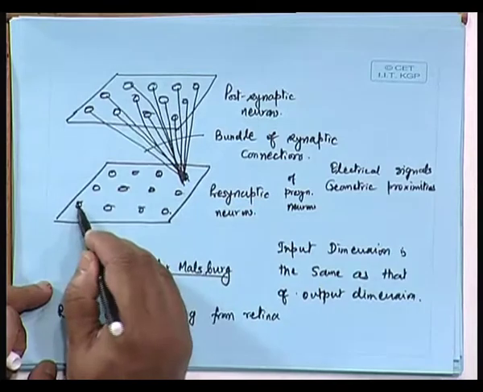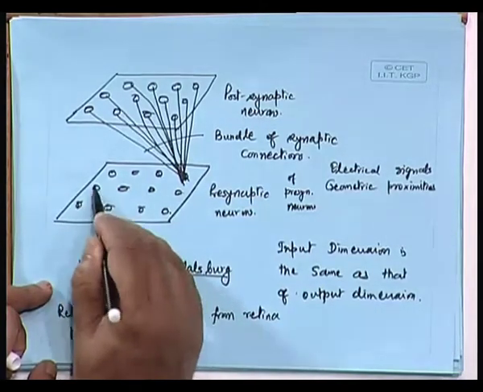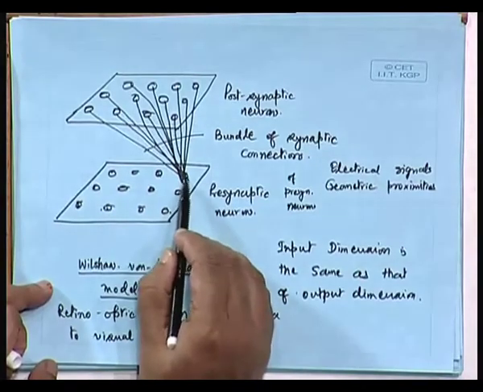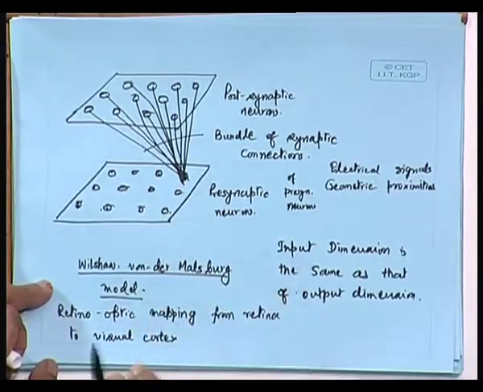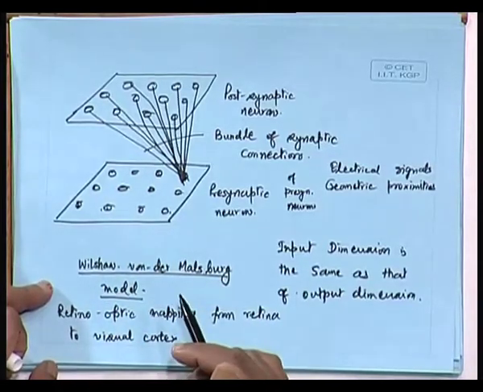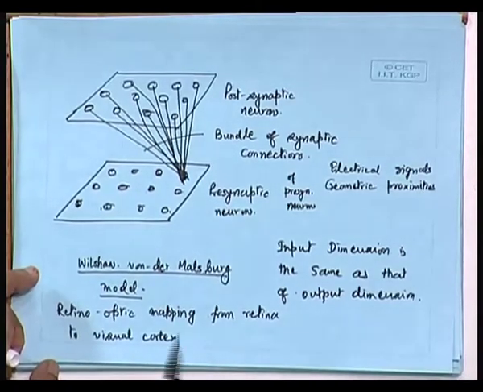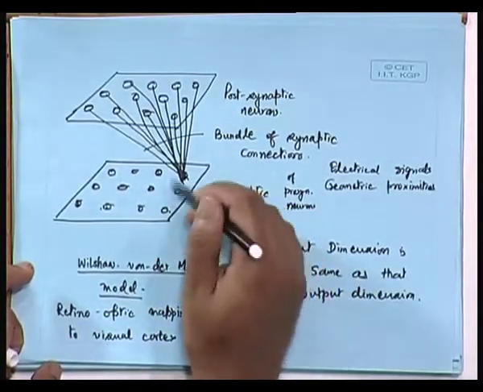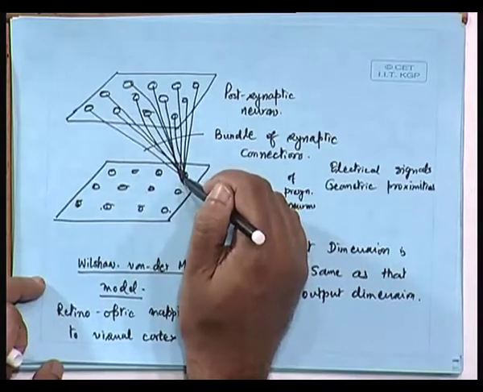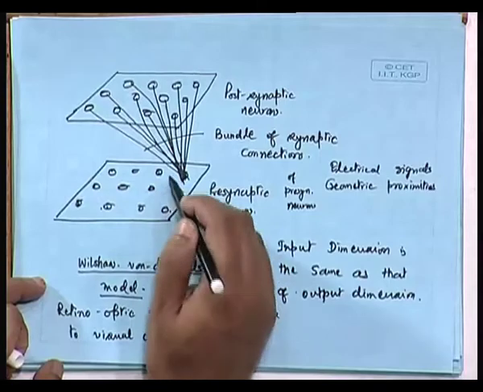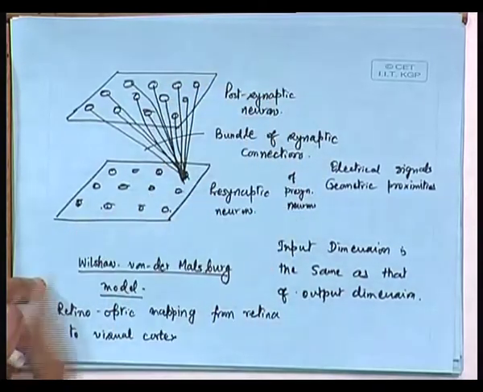Maybe when we come to think of the neurons lying here, which are at a distance from these neurons, I mean, which are not geometrically close, there the electrical signals can be different. Now, I have shown the connection from one input to all the outputs. Like this, all the inputs will be connected to all the outputs.